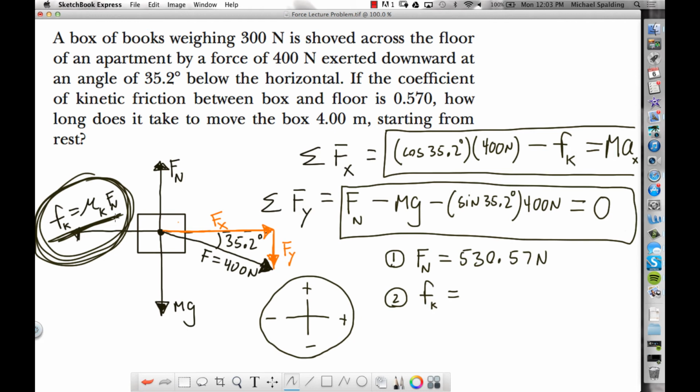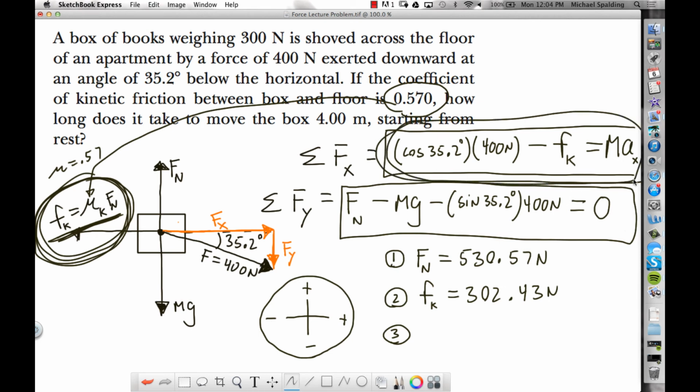Coefficient times, not the natural force, normal force. Okay? So the 0.57 is the mu, right? Mu equals 0.57, okay? And we now have the normal force, so you solve for the friction. The friction comes out as 302.43.